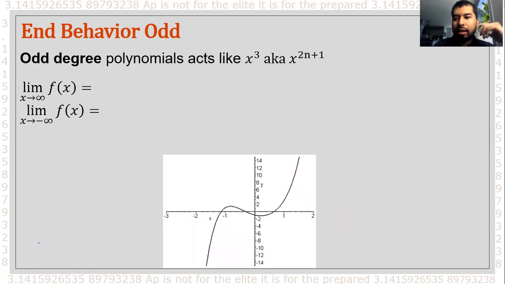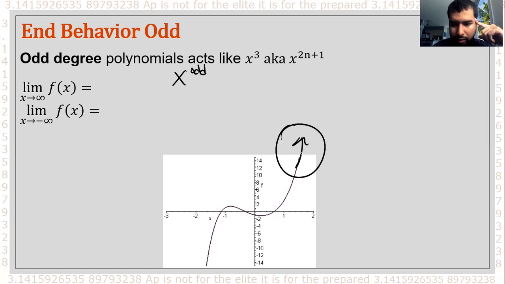Alrighty, how about in an odd function? We can see that that is something that has an x to an odd degree, right? The parent function itself would behave like this, and that is going to be x to the third, pretty much something like that. So my right will go up, and my left will go like this. I like to tell my students, hey, this is like a ballerina, right?